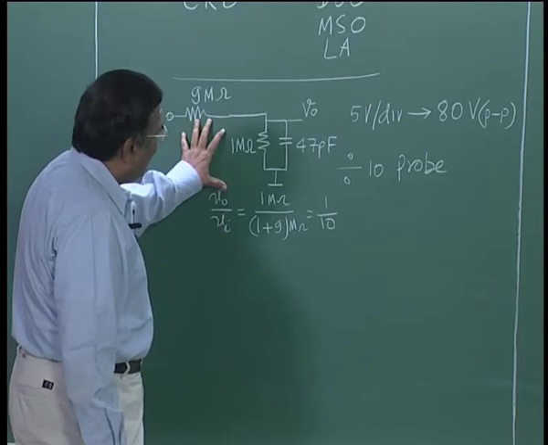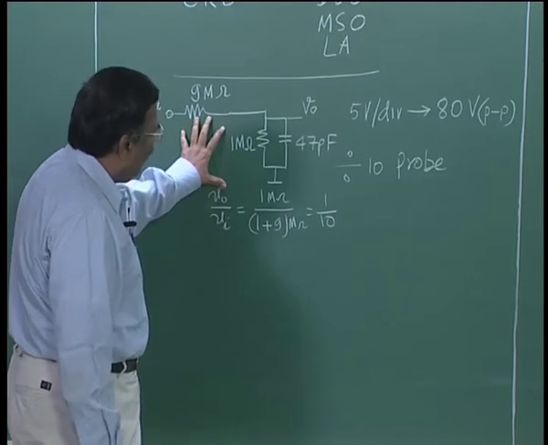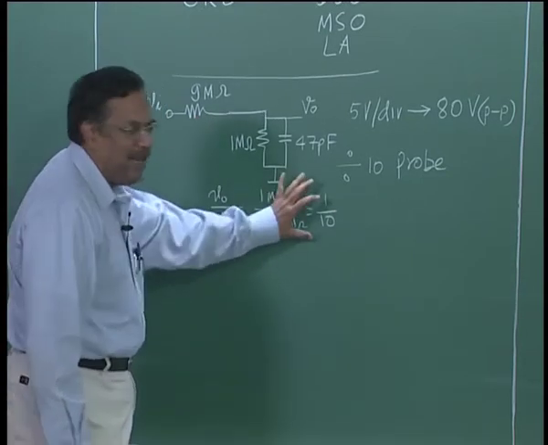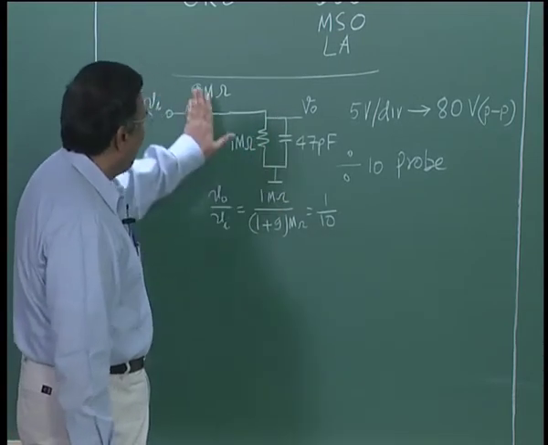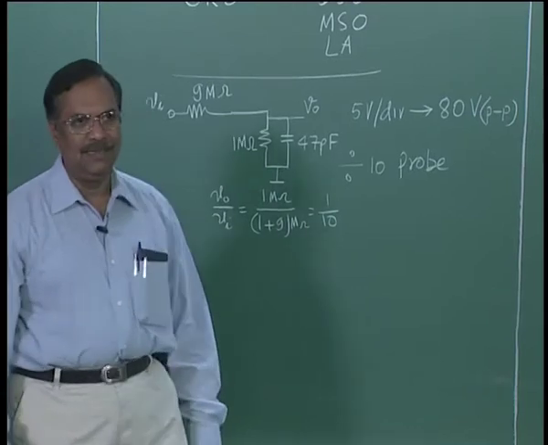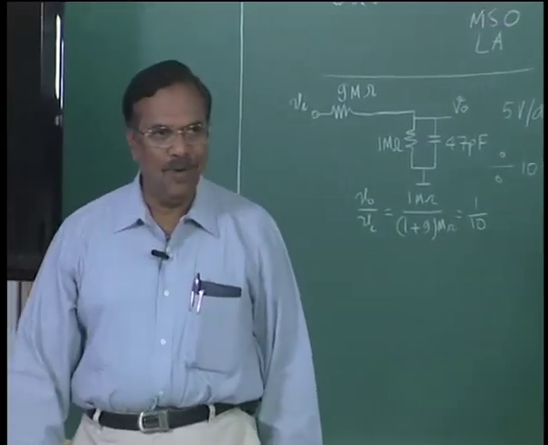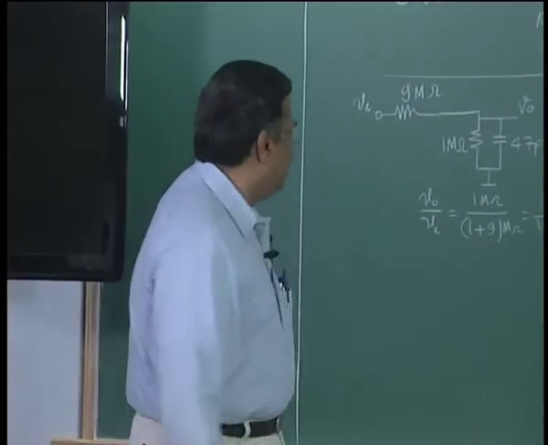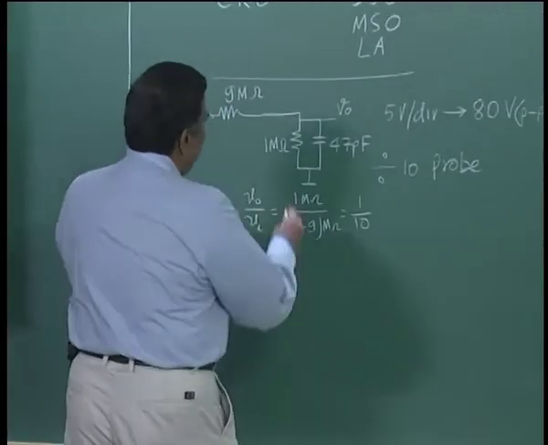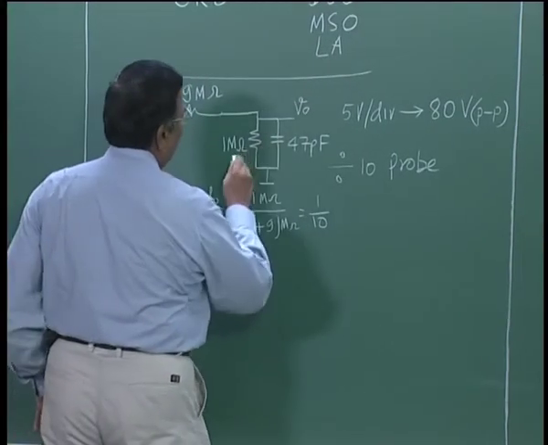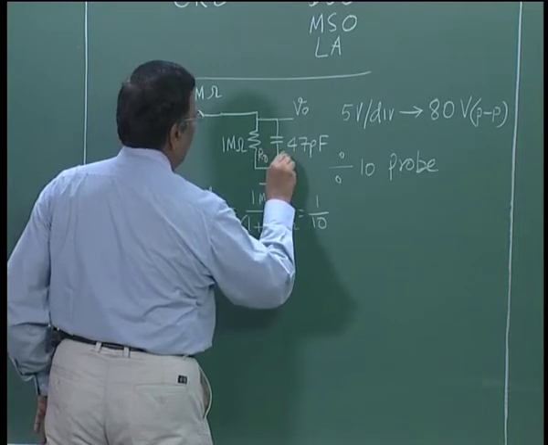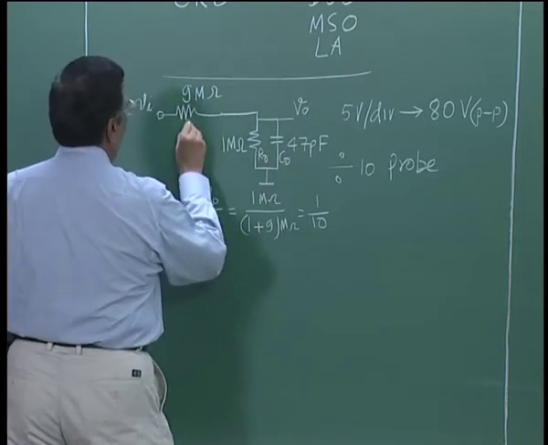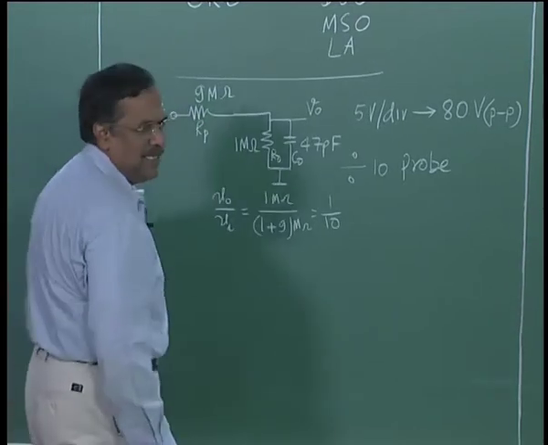Now, if I look at this way, I will not get 1 by 10 at all frequencies. For DC, the capacitance is open circuit, so I get 1 mega ohm by 10 mega ohm, 1/10. So, if I look at the AC impedance, I call this R oscilloscope, C oscilloscope, then I call this R probe, right.